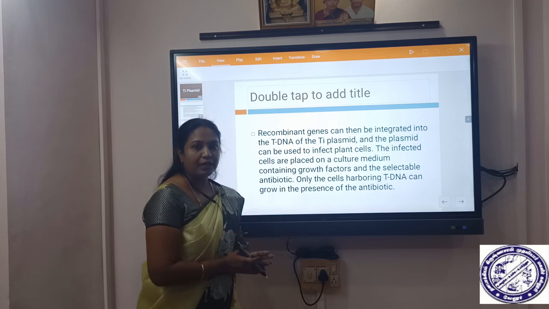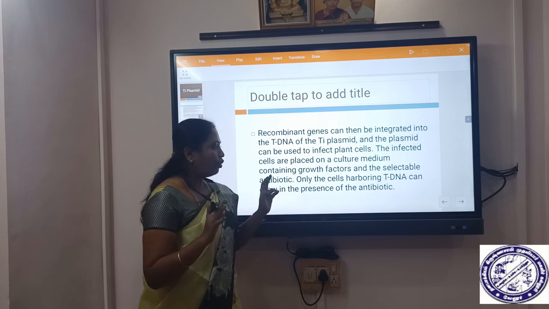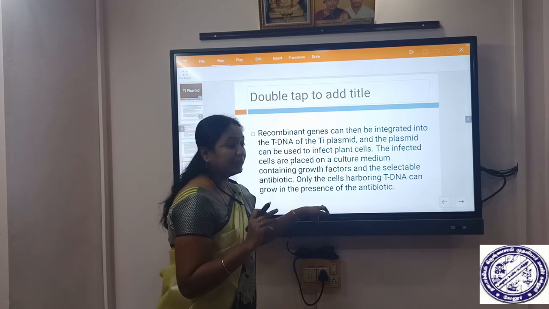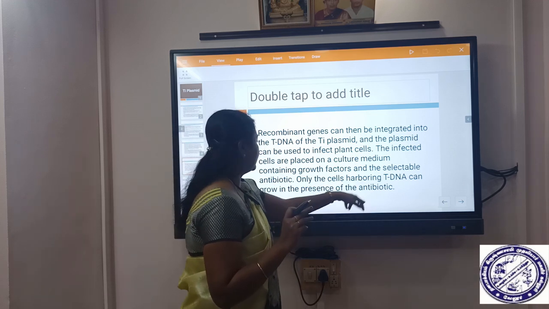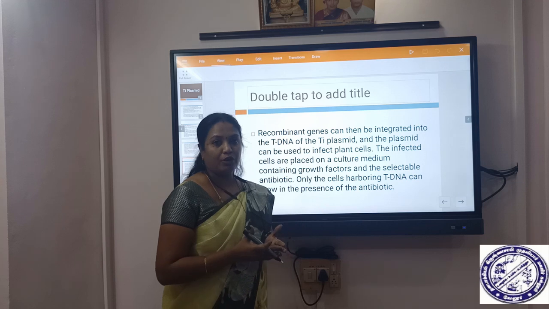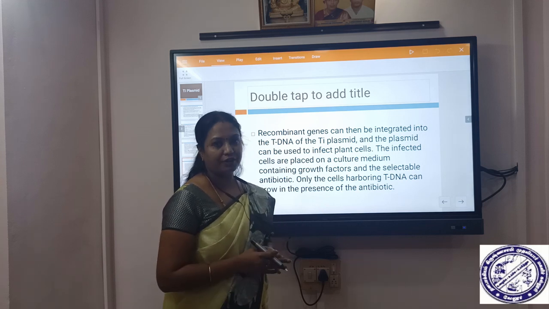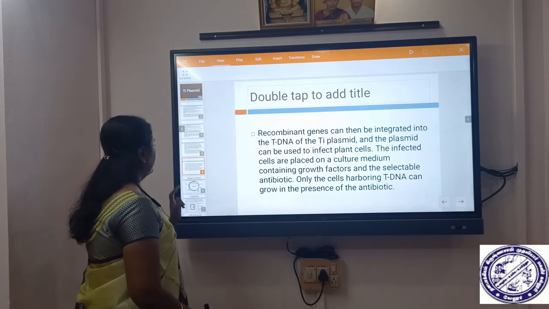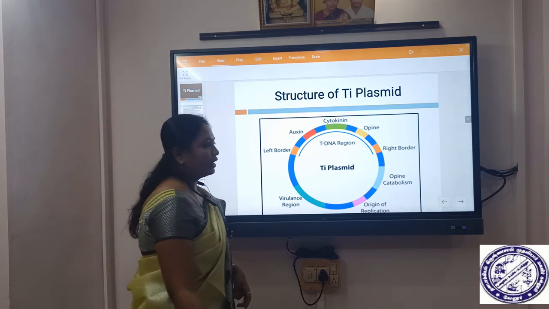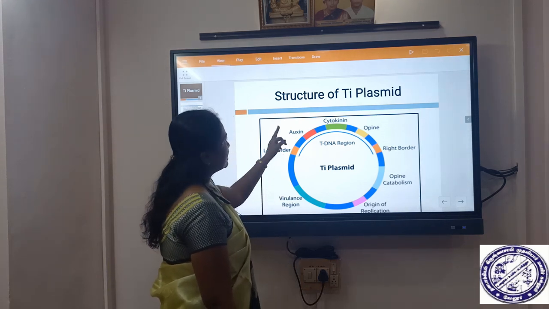As a result, all the other cells will die. Only the cells harboring the T-DNA with the antibiotic markers can survive. So with this we can easily identify the recombinant cells.